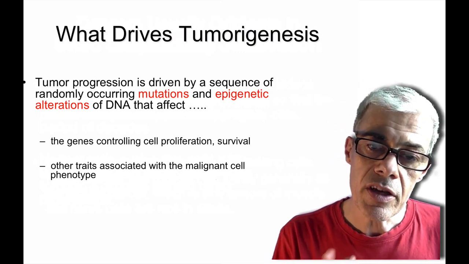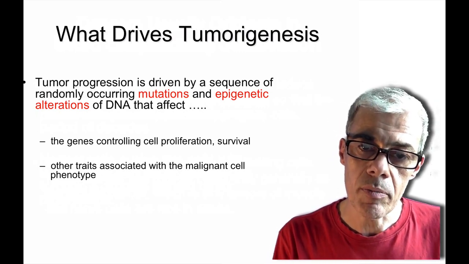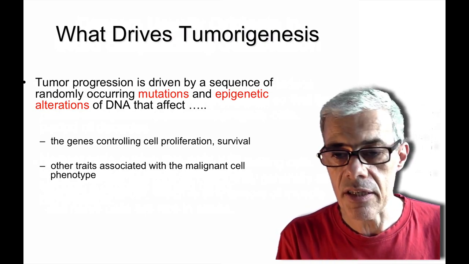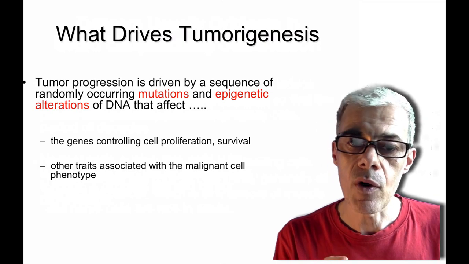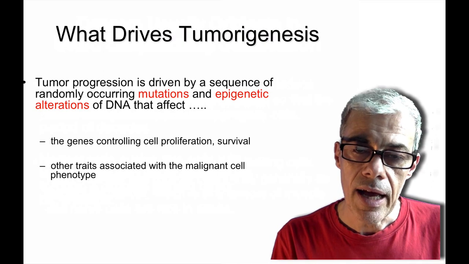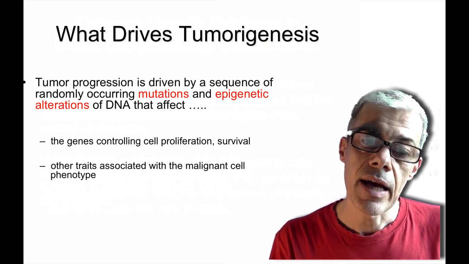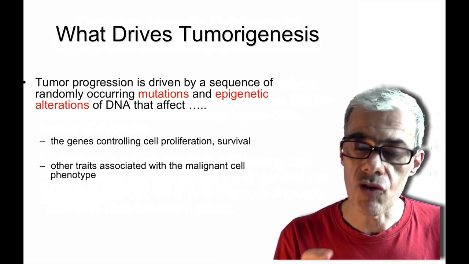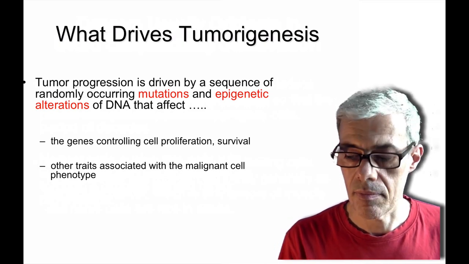These mutations occur throughout the genome, and often they don't cause problems. But there are particular genes involved in controlling cell proliferation, cell survival, and other really important phenotypes, and when you get mutations in these genes, they're the ones that drive tumorigenesis.